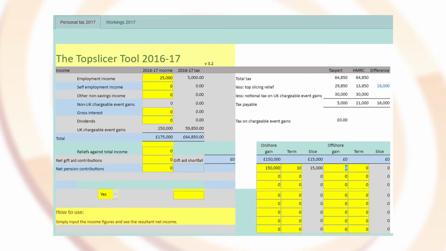And in that particular case, the difference is £16,000. And if I am right, and I maintain, and lots of other people agree with me, that I am right, we're still waiting for the revenue to concede it, that taxpayer will have been overcharged by 16,000.